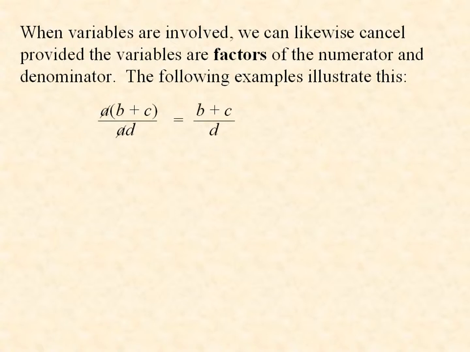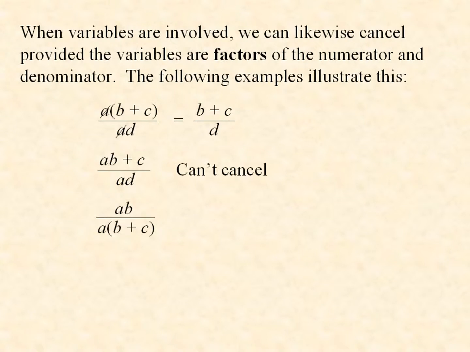So we end up with b plus c over d. Another example, ab plus c over ad. This time we don't have the b plus c in parentheses, so the addition is messing things up. We cannot cancel here. You cannot cancel those a's. Do you see the difference between this and the previous problem?